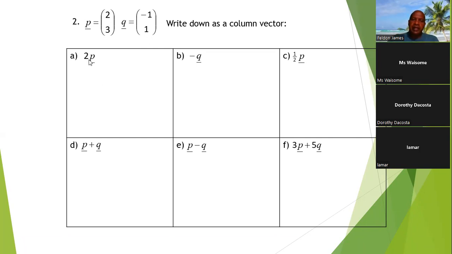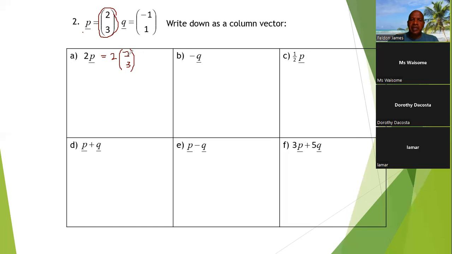What if you're going to write this in the column vector form, what would this be, guys? 2P would be equal to what? Remember that you're given P up here. What is P? This is P. Yes, sir, 2 and 3. All right, so 2P would be 2 times the matrix (2, 3). And remember, you're really dealing with matrices.